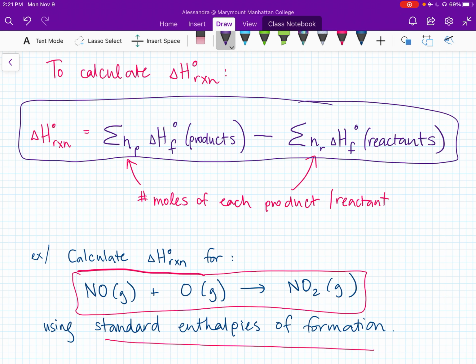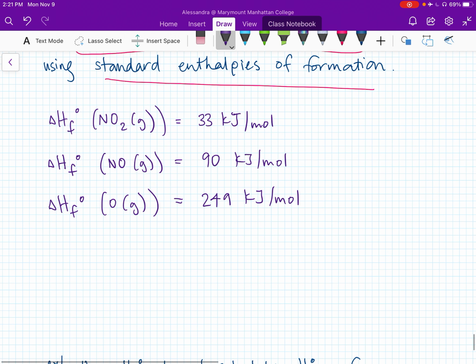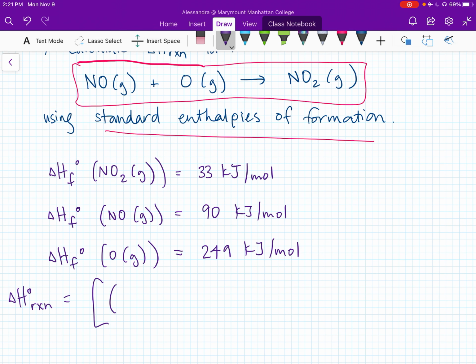So now I can input all of those values into this equation, where I'm calculating delta H naught of a reaction by subtracting the sum of the reactants from the sum of the products. Looking at the balanced equation, all of the coefficients here are 1. So I have 1 mole of NO2 times 33 kilojoules per mole, and that is the extent of my products.